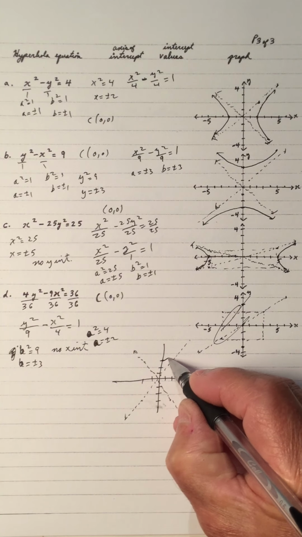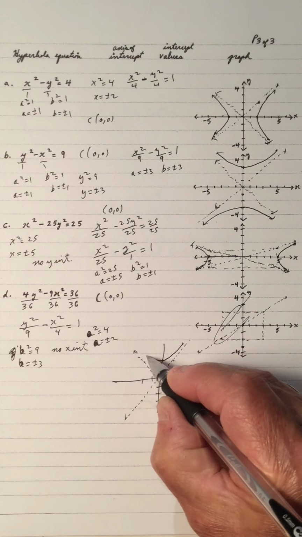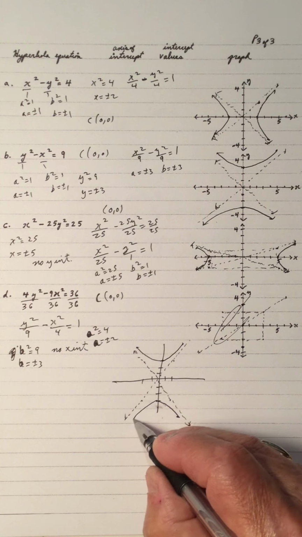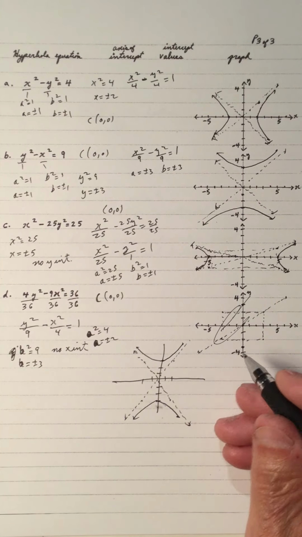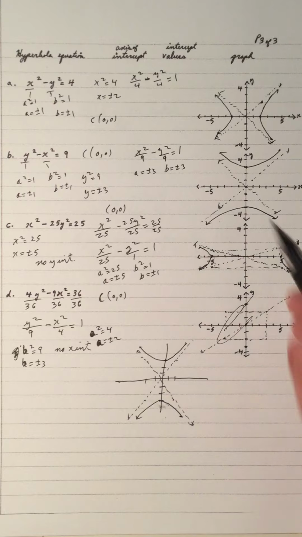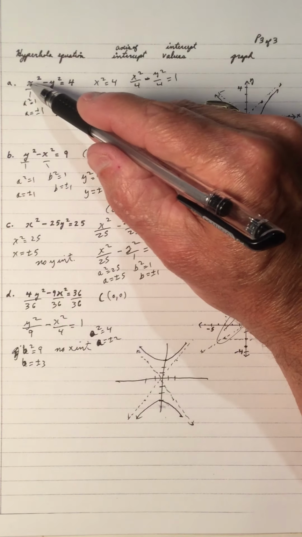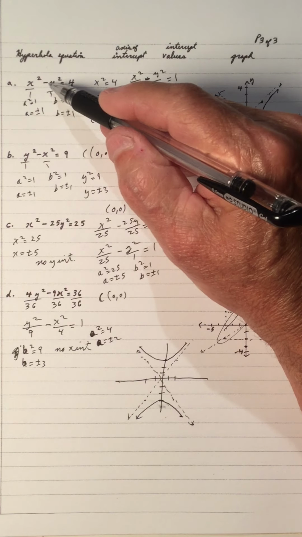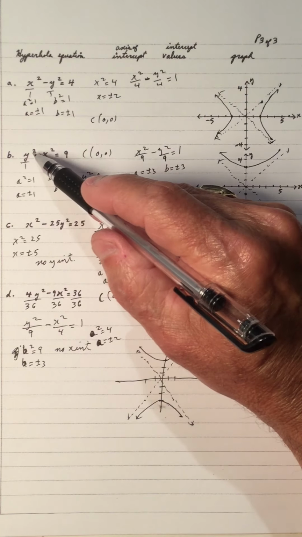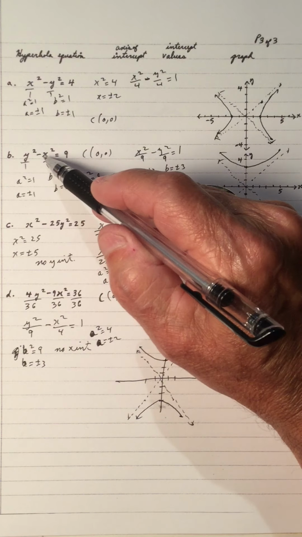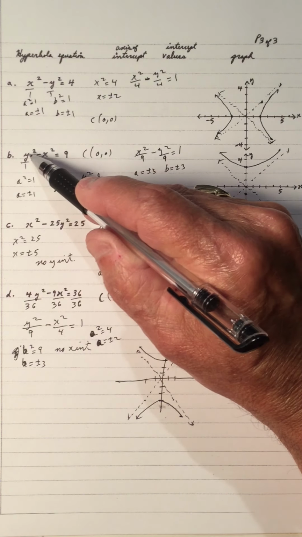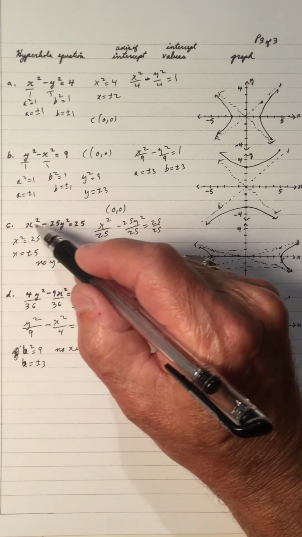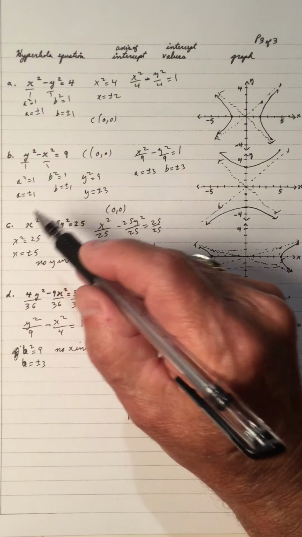So the y-intercepts are 3. I emphasize this hyperbola, because it has x squared, y squared with a plus and a minus, has no y-intercepts, has x-intercepts. This one has x squared, y squared with a plus and a minus, has no x-intercepts, but it has y-intercepts. And this one has a plus and a minus, x squared, y squared, no y-intercepts, has x-intercepts.